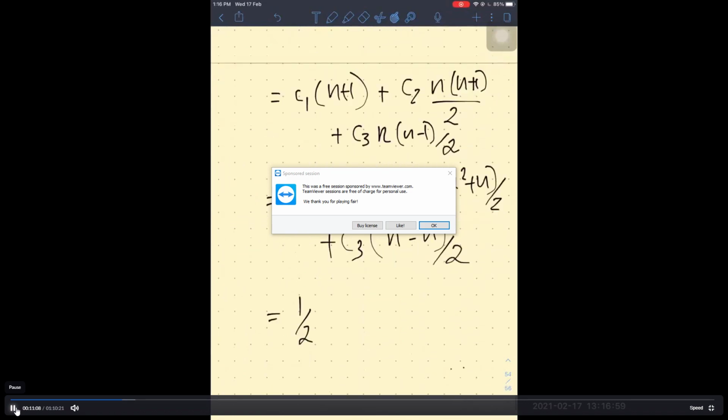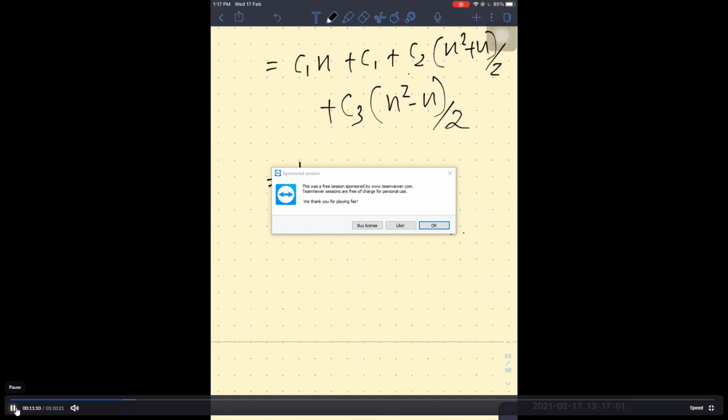If we solve that equation, we'll get half times C2 plus C3 times n squared, plus C1 plus half of C2 minus half of C3 times n, plus C1.